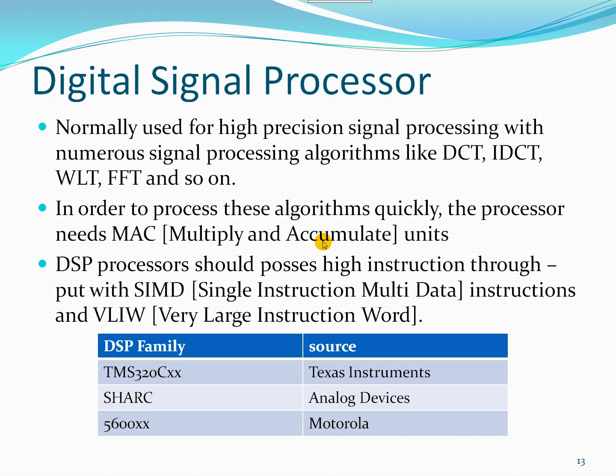So these DSP processors should provide high instruction throughput and SIMD, that is single instruction multiple data, instructions. What it means is it should have a single instruction, and that instruction should handle multiple data. This kind of processing is very much allowed in DSP processors only.